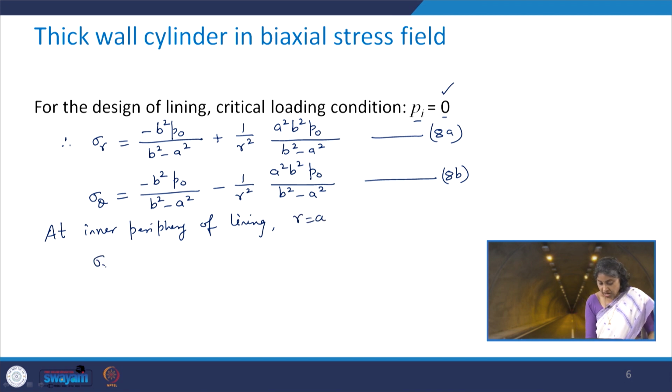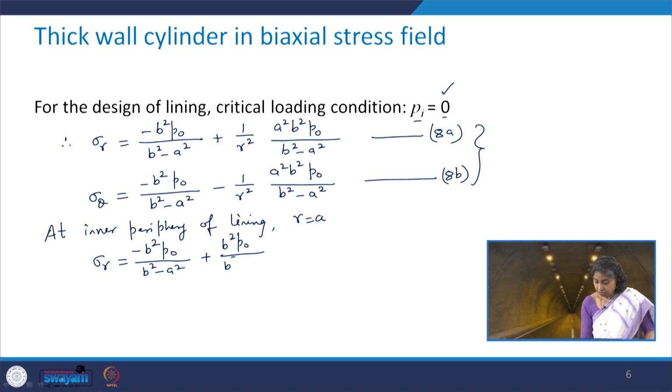So sigma r will be equal to, just substitute r equal to a in these two expressions, and see what we get: b square with a negative sign p naught upon b square minus a square, plus, so a square here will get cancelled out, b square p naught upon b square minus a square, and this will become equal to 0.